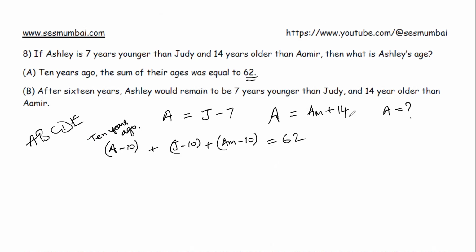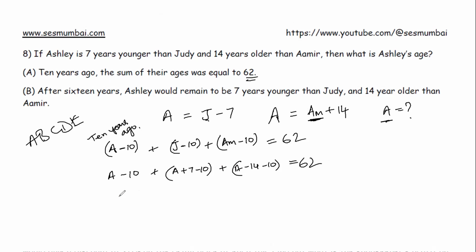So now to find Ashley's age, we write down everything in terms of A. So A minus 10 for Ashley. Judy is A plus 7, so J is equal to A plus 7. So A plus 7 minus 10. And then Amir is A minus 14, so A minus 14 minus 10. That is 62.